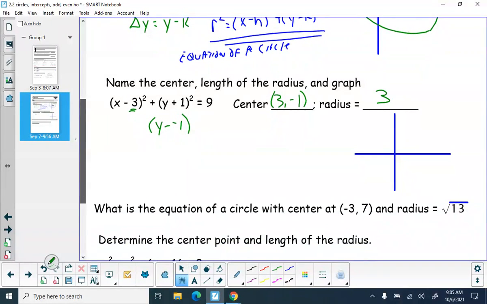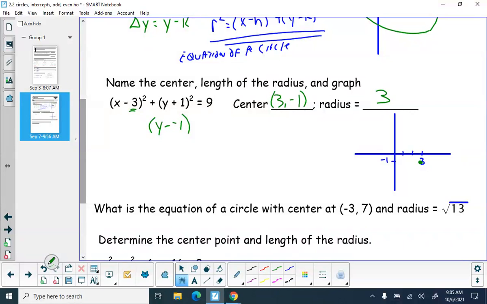So now let's try to get a graph down. Center point at x equals 3, y equals negative 1. So we have a center point, x is 3, y is negative 1.